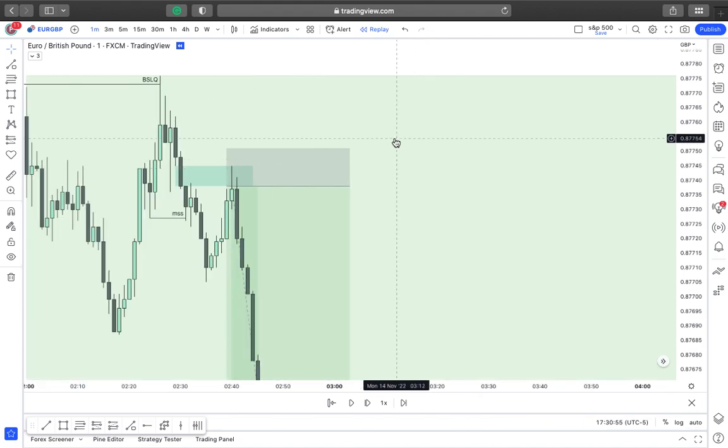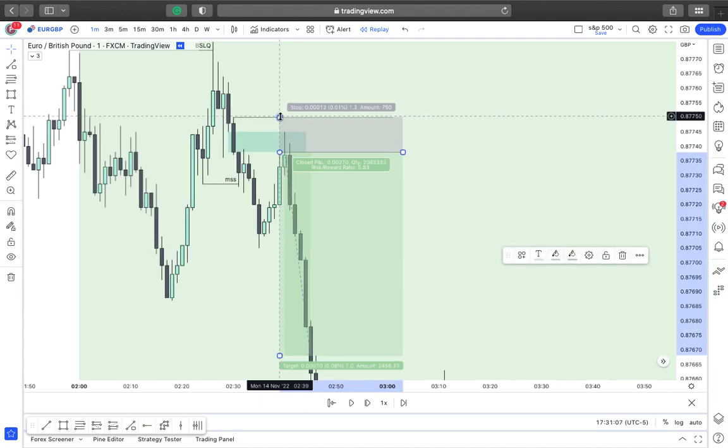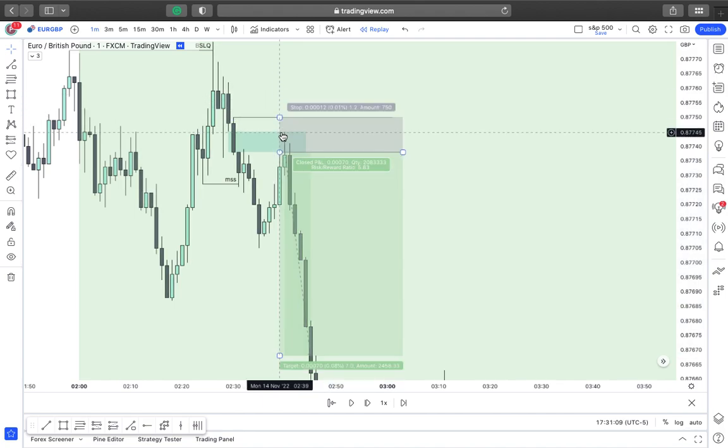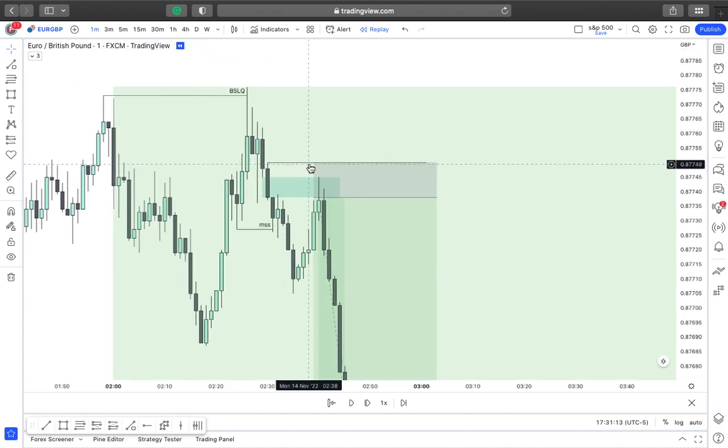We know Euro USD respects that stop loss if we place it above the fair value gap candle, right? So this is Euro GBP, and we don't know if it respects it or not.